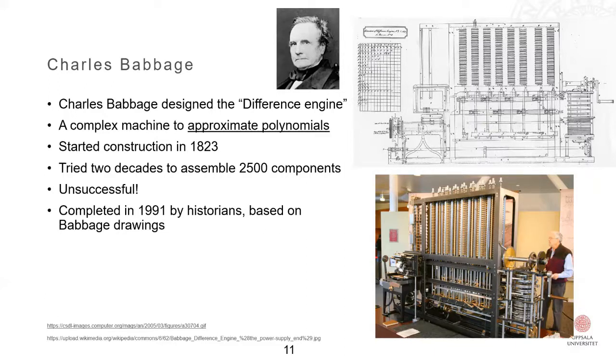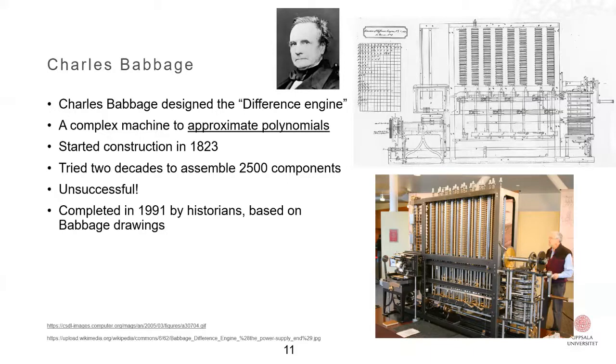But later on, from his drawings, historians could actually finish production of the device, and it worked correctly for approximating polynomials. But his work wasn't wasted, as his designs and ideas were later used in modern computers.